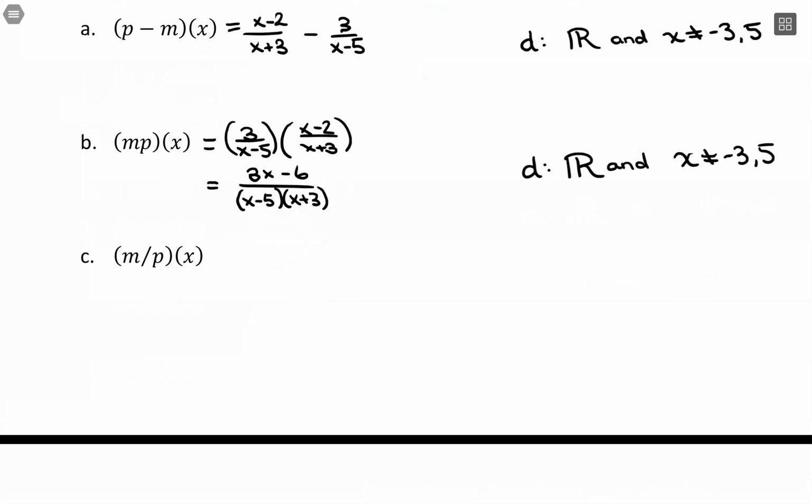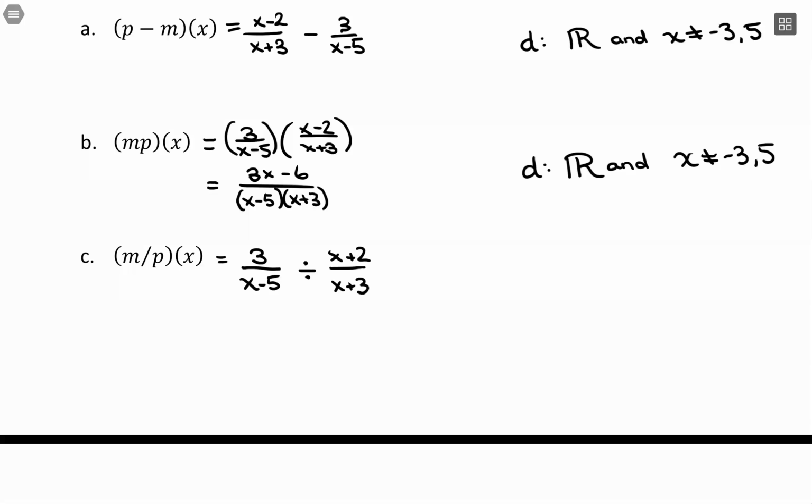For the division of two functions, I'll write this in the horizontal format, so 3 over x minus 5 divided by x plus 2 over x plus 3. So we'll still have our original domain. But what we need to do is simplify this, because what we have is a complex fraction where we're dividing.